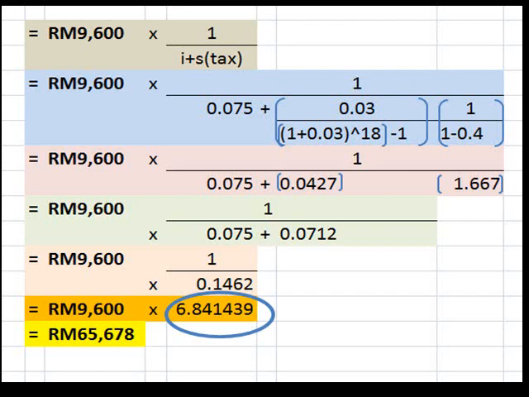We just take 4 decimal points or 2 decimal points. So we get the interest. This is how to do it: first tax, times sinking fund plus interest, and then 1 divide with the result.